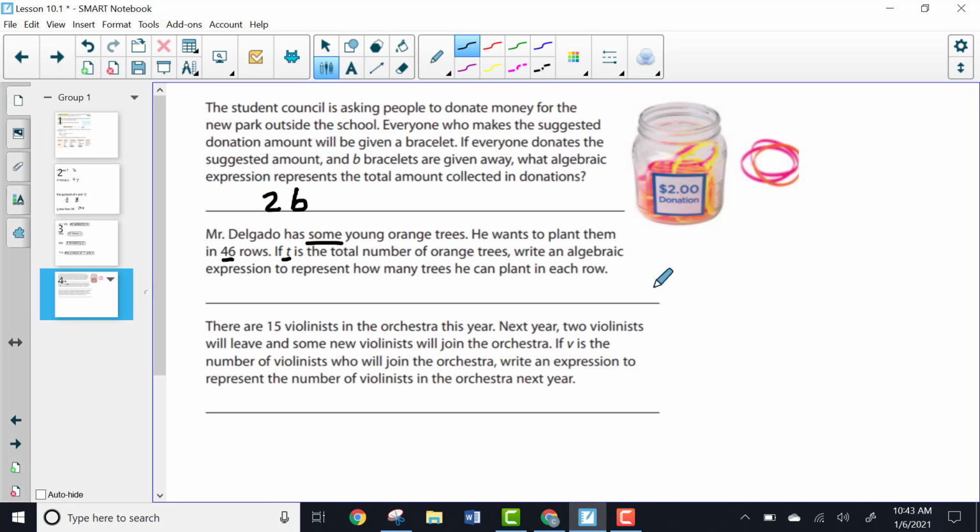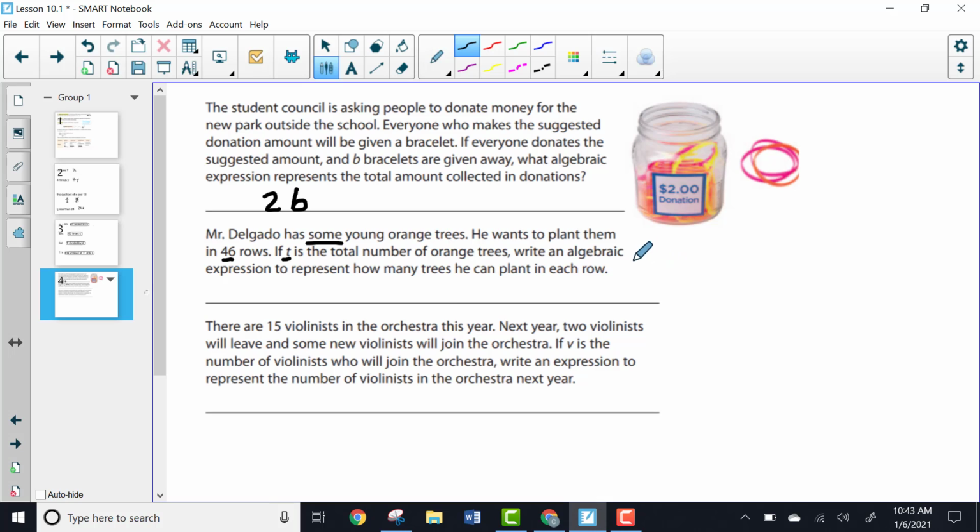It says write an algebraic expression to represent how many trees he can plant in each row. Think about whenever you're trying to figure out a problem like this and you have a certain amount of trees and a certain amount of rows you're planting, how many are going to be in each row? That's going to be a division problem. Think about how you solve these problems if you have both numbers, and you'll do the same thing even though you have a variable.